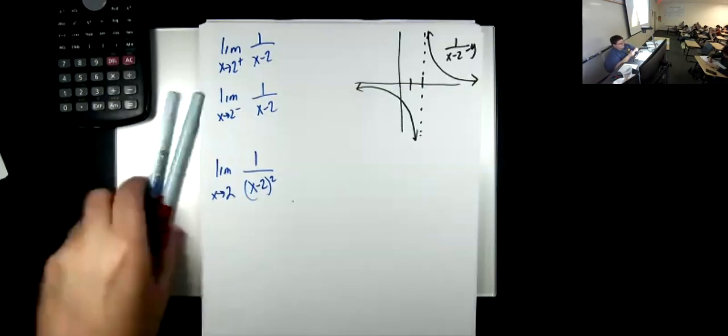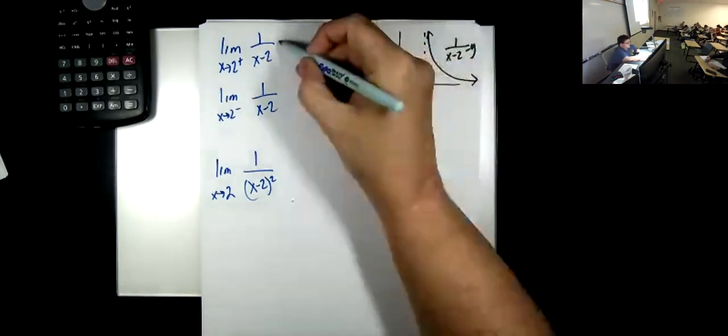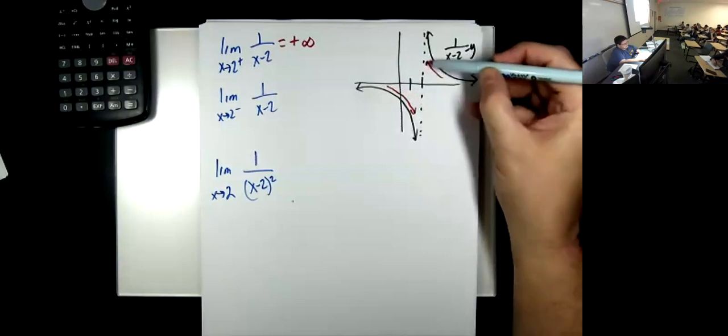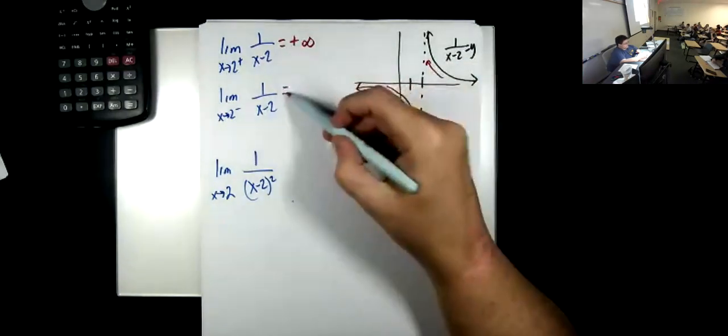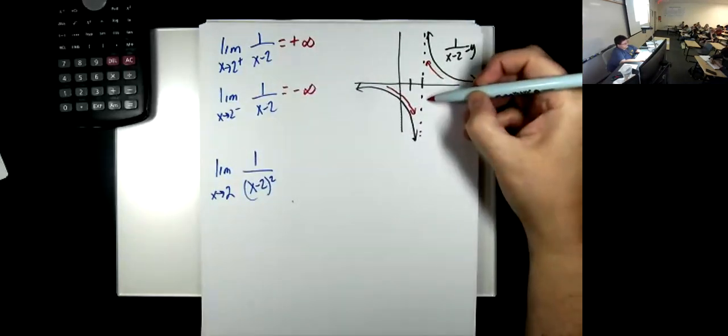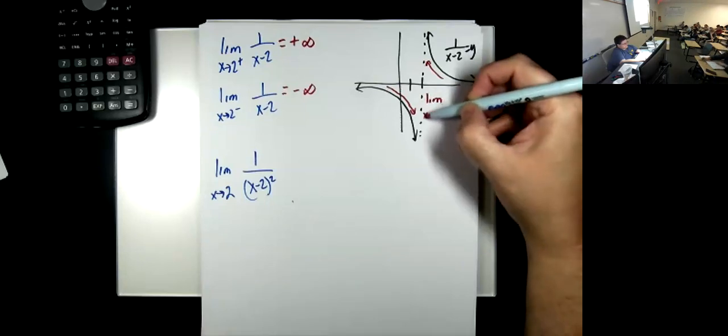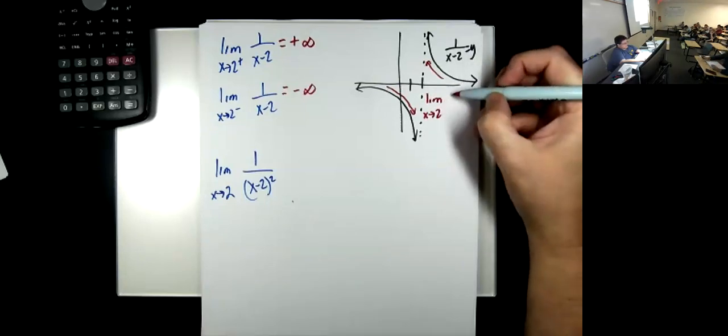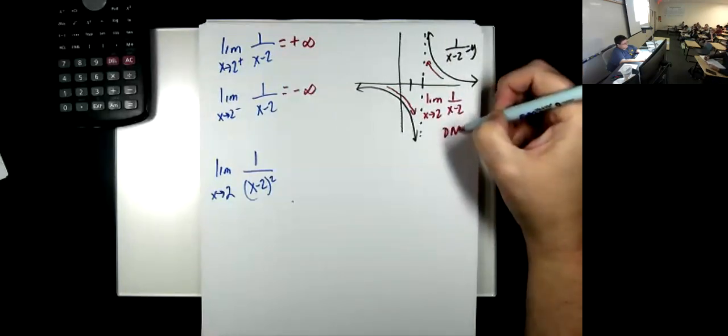So as we're approaching it from the right, this actually goes up to positive infinity. And as we approach it from the left, it's going down to negative infinity. So these are different values. We would say the limit as x approaches 2 of 1/(x - 2) does not exist.